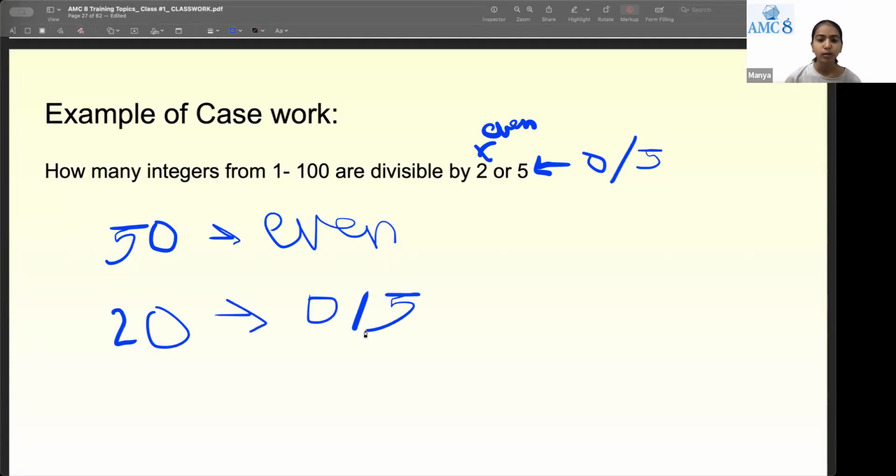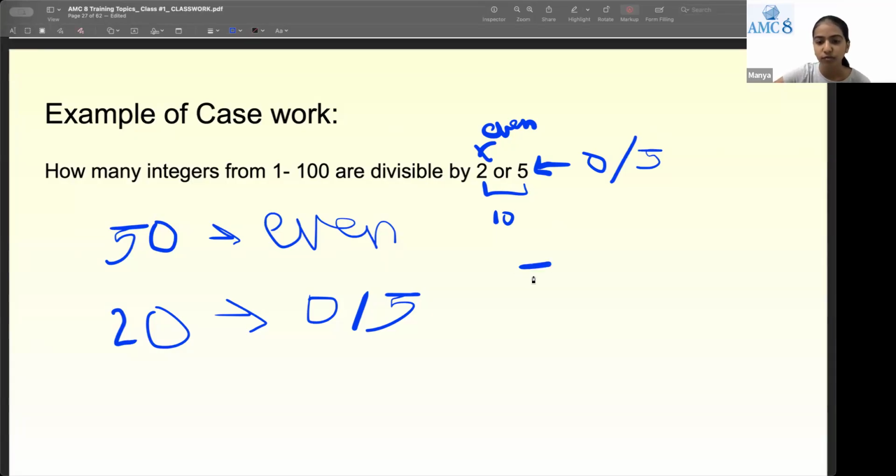Remember that there are multiples of both 2 and 5, and the least common multiple of 2 and 5 is 10. So we need to cancel out all of the multiples of 10 from 1 to 100. How many multiples of 10 are there from 1 to 100? There are 100 divided by 10, which is equal to 10.